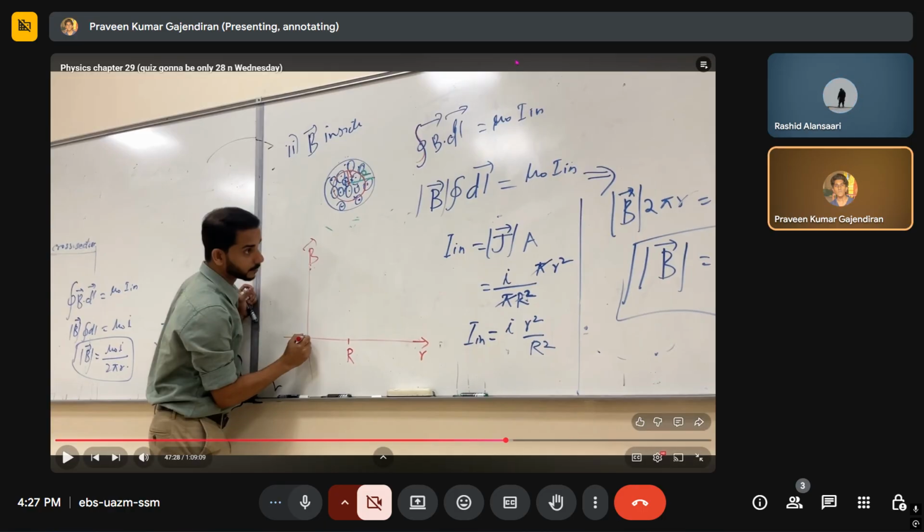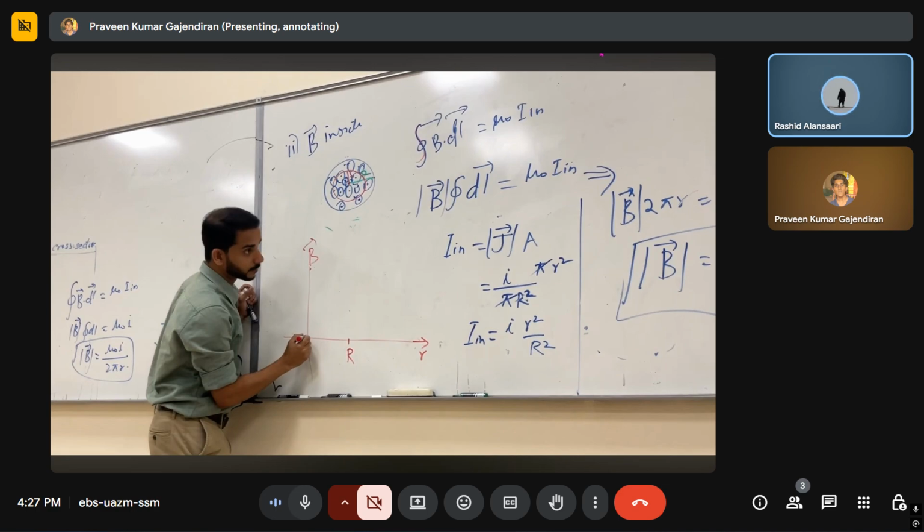Then he did the same thing, just like Gauss's law originally. Okay, now he's doing the graph again. He's just drawing the graph for it. Like a new graph.